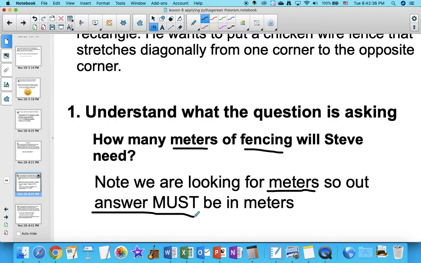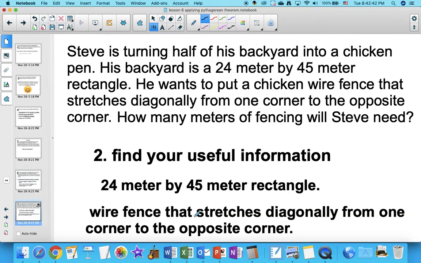Okay, so now that we understand what the question is asking, how many meters of fencing does Steve need? Step 2, find your useful information, right? Steve is turning half of his backyard into a chicken pen. His backyard is 24 meters by 45 meters. It's a rectangle. He wants to put a chicken wire fence that stretches diagonally from one corner to the opposite corner.